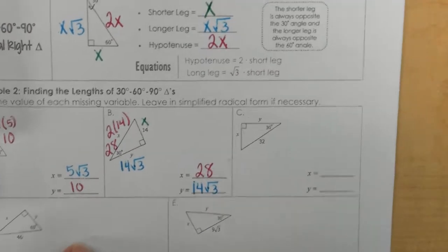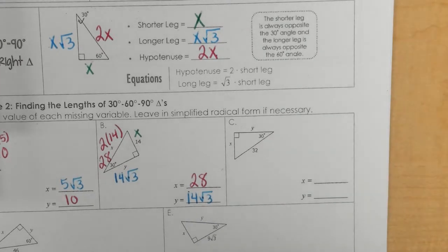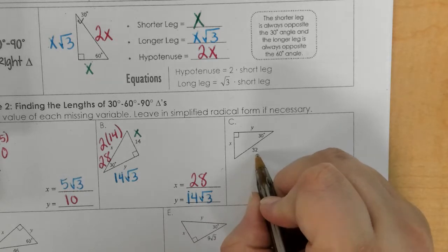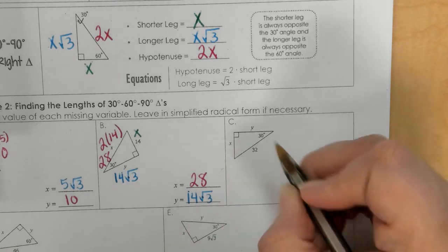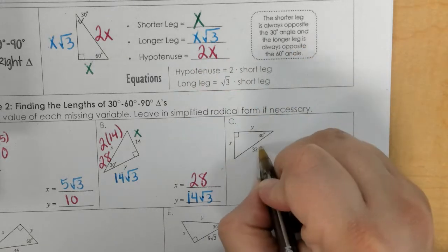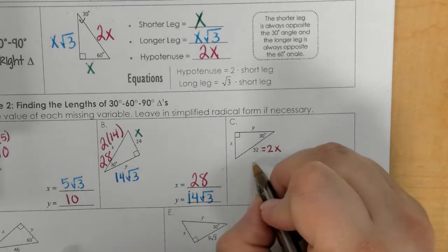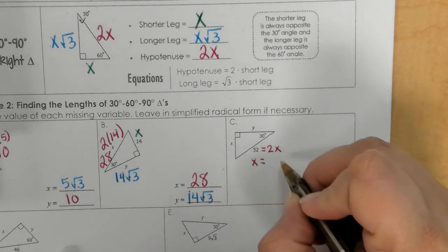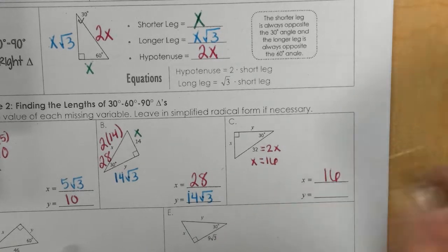In letter C, we're given the hypotenuse. So our big idea from this is to figure out our short leg, x. So I know that 2x is my hypotenuse. So I set this equal to 2x. And if I divide by 2, we get that x is 16. Okay?